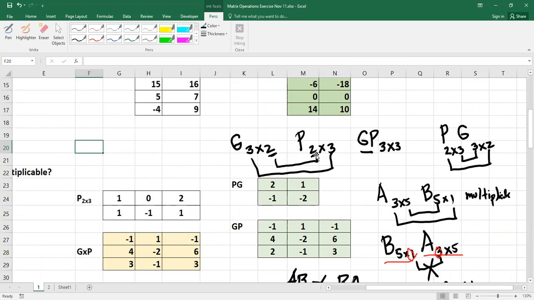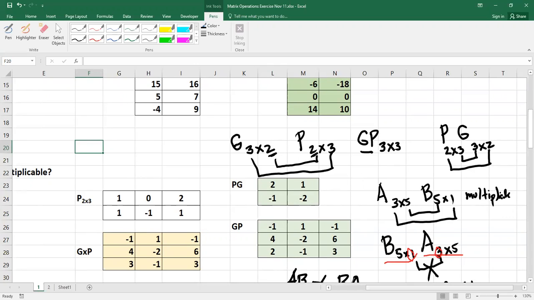And the resultant matrix has the row of the first one and the column of the second one. So for example, we have a 3 by 2 matrix G and a 2 by 3 matrix P. G can be multiplied to P. They are multiplicable because the column of the first matrix is the same as the row of the second matrix, and the resulting matrix is 3 by 3.